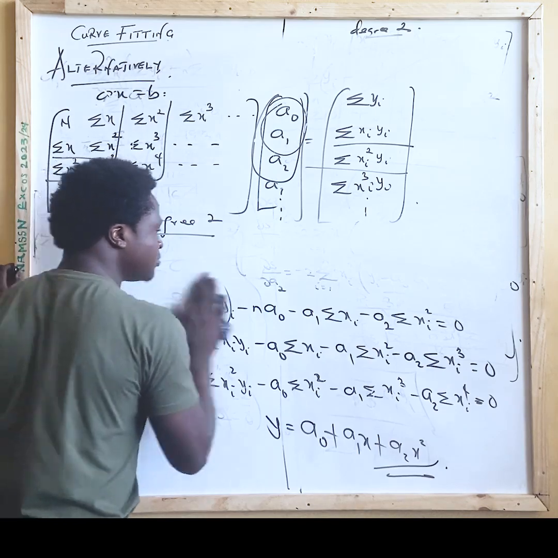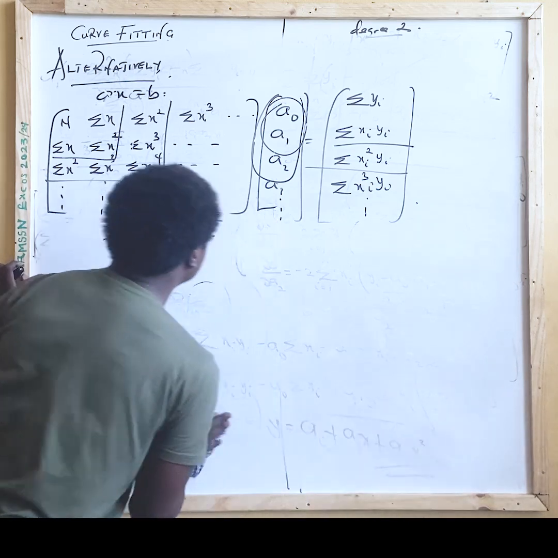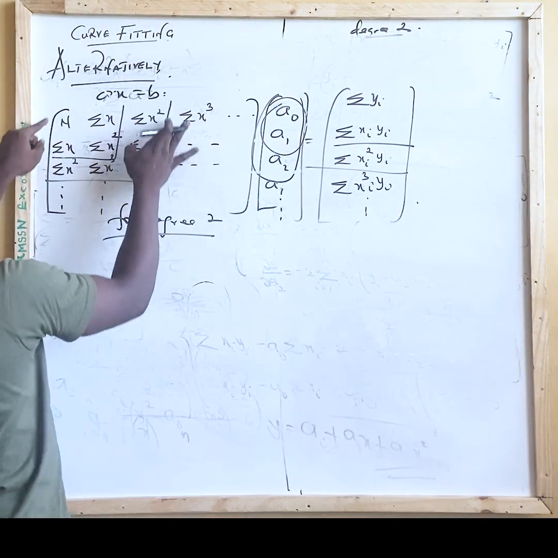Well, for now, I want to clean. So for degree 2, we said that we are dealing with 3 unknowns, so I'll be taking a 3 by 3 matrix.